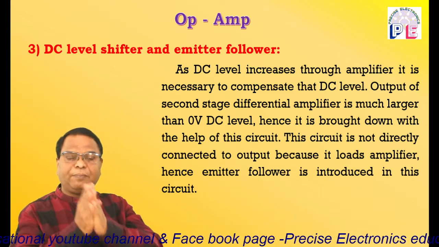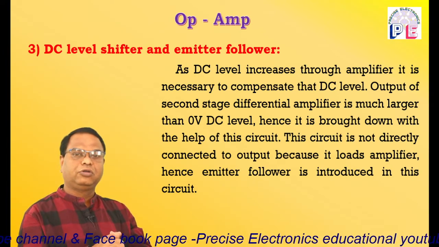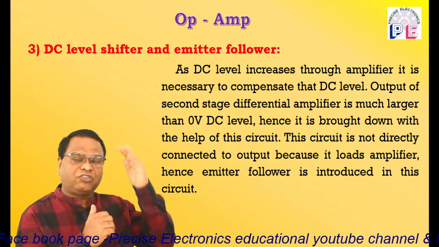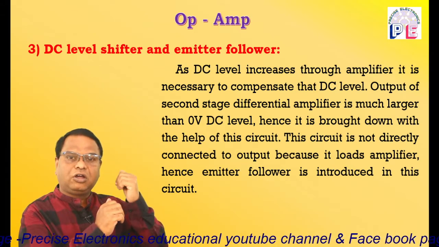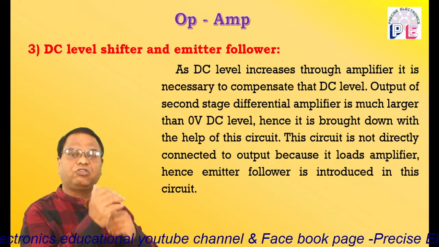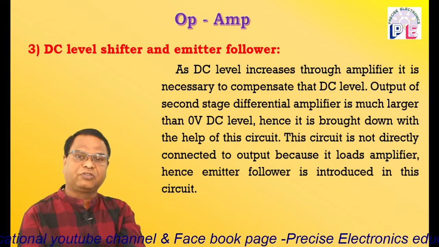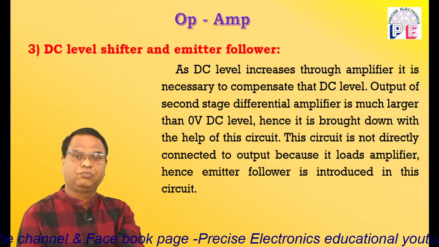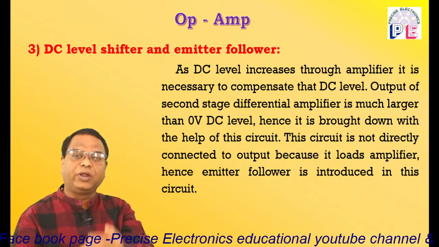The output of this amplifier is not directly connected to the output, because if the load resistance drops to 0, if there are some accidents and the output terminals get short circuited, then that 0 load resistance may put a heavy load on the output terminals. So to avoid this, an emitter follower circuit is used. What is the function of the emitter follower? It gives a low output impedance.